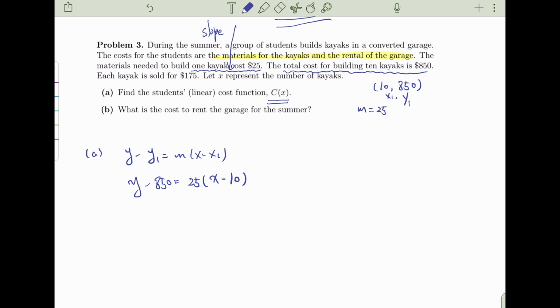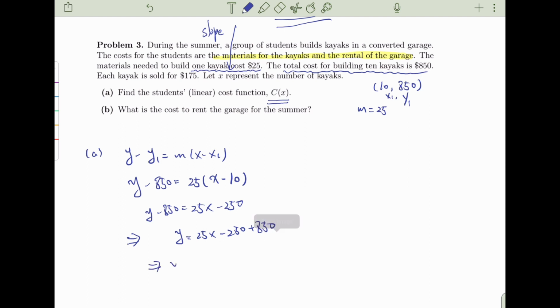And then we can just simplify it. So I have y minus 850 equal to 25x minus 250, which implies that y is equal to 25x minus 250 plus 850.